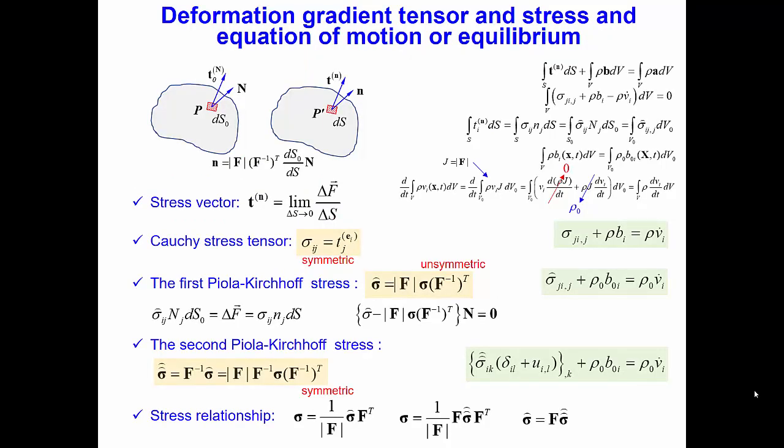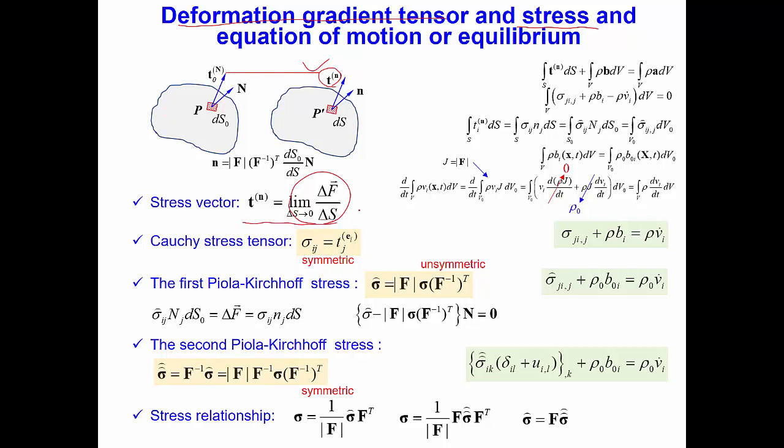Now, let's study stresses related with the deformation gradient tensor. In the spatial coordinate system, a stress vector, which means force per unit area at a point, is defined by this equation.